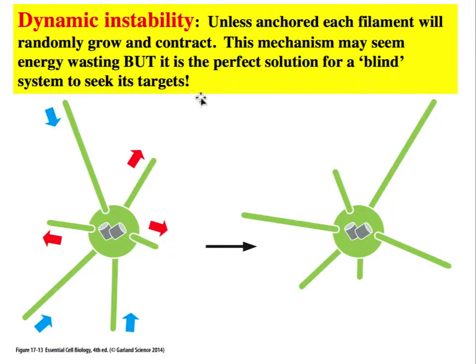But if they fail to attach to something, they'll regress back down. So that's what's happening in the blue arrows. Those filaments are disassembling, whereas the ones in red are continuing to assemble. It's like the microtubules are feeling for something to attach to. But once they do attach to something, they become stabilized.